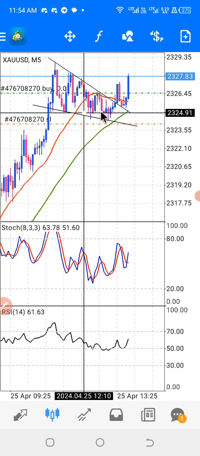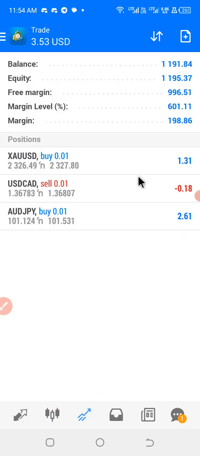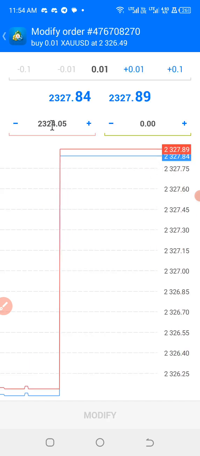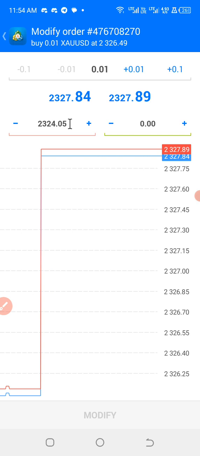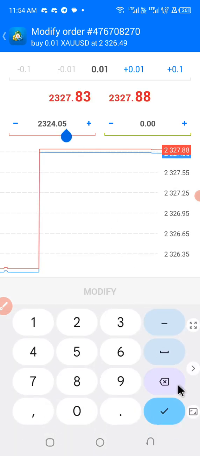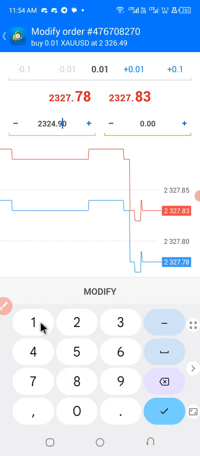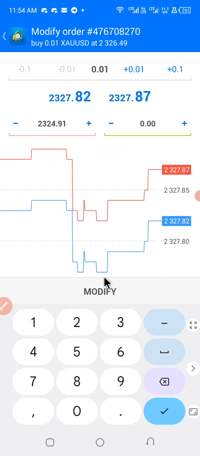So for me that gives me 23.24.91. So you modify it.